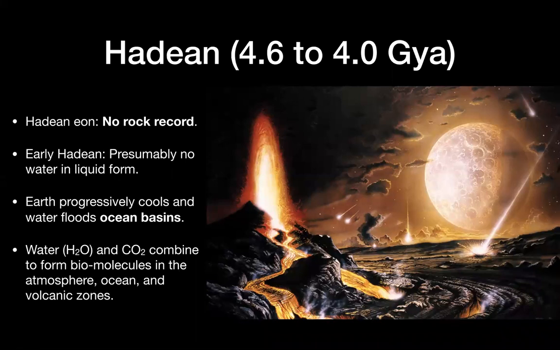The early Hadean Eon is characterized by hellish conditions, with surface temperatures so high that water cannot be found in solid and liquid states. As the surface progressively cools, water floods into global ocean basins that will offer the conditions for the emergence of life.